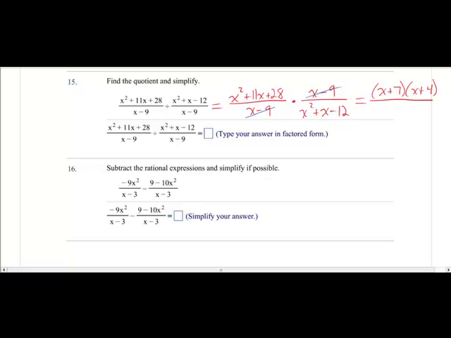When I multiply I get negative 12, but when I add them I get 1. So I could use a positive 4 and a negative 3. X plus 4 times x minus 3, and that's how I would factor that trinomial. And then I have x plus 4's canceling out, so that my final answer is x plus 7 over x minus 3.